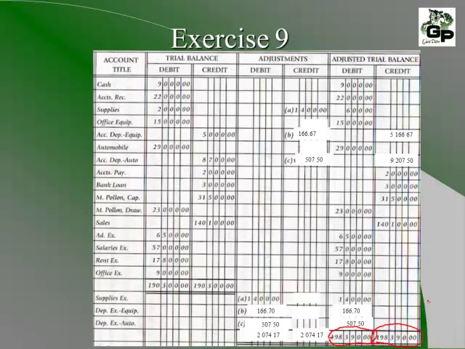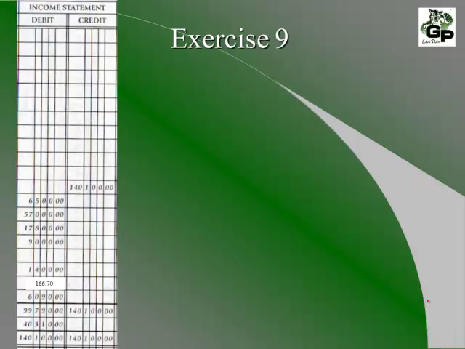The income statement shows that we have a net income of $40,310, and our total for each of these columns is $140,100.